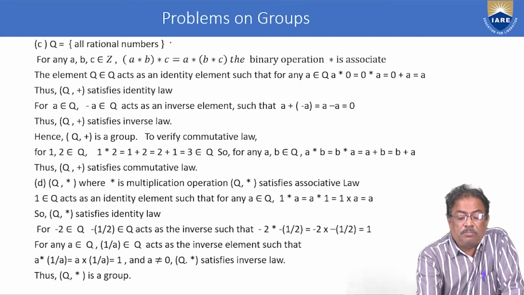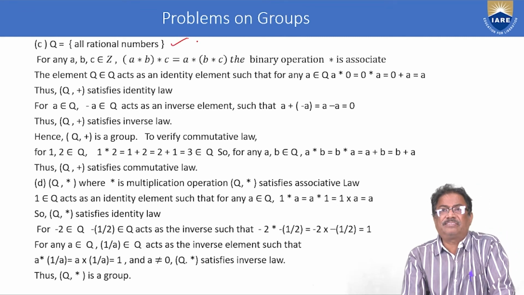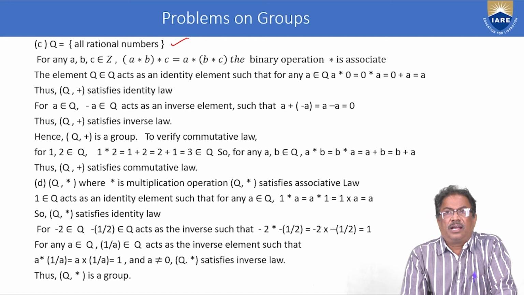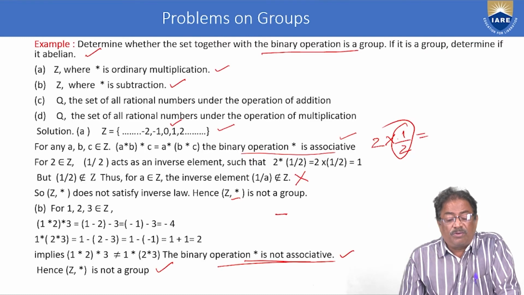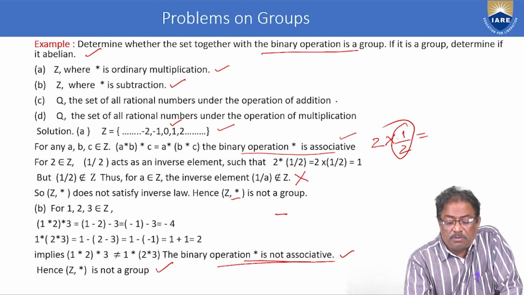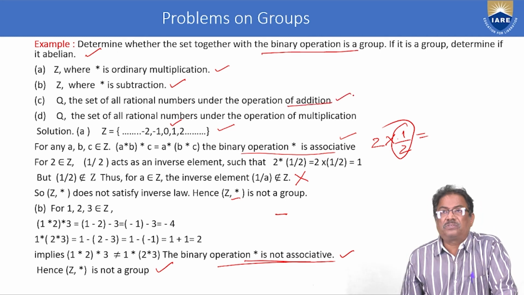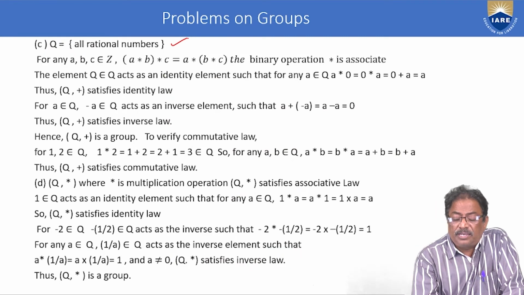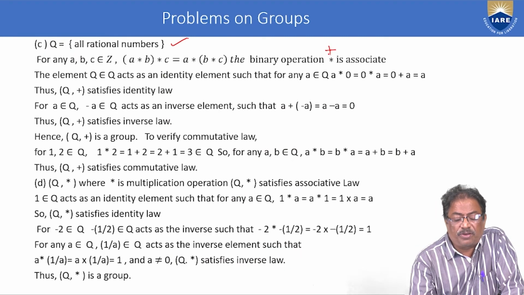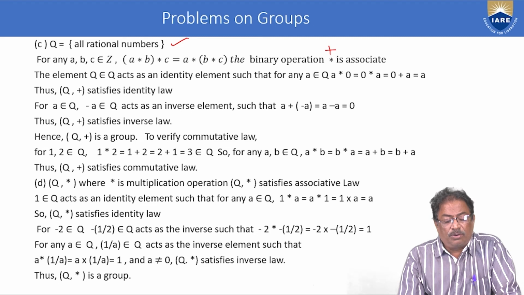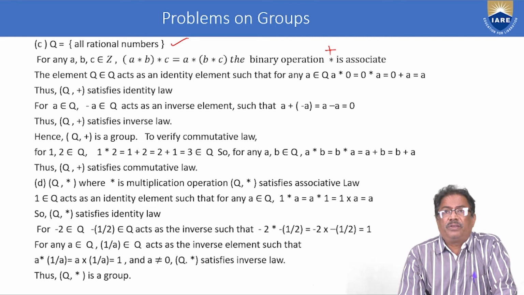Now Q is the set of all rational numbers. And now the third one is the set of all rational numbers, and the binary operation is addition. So now we have to verify.